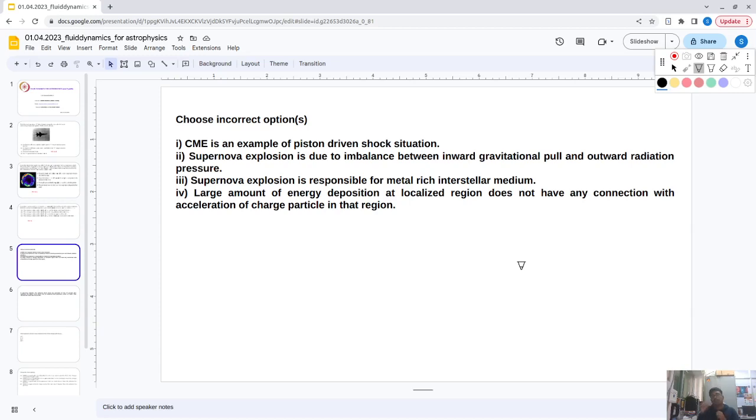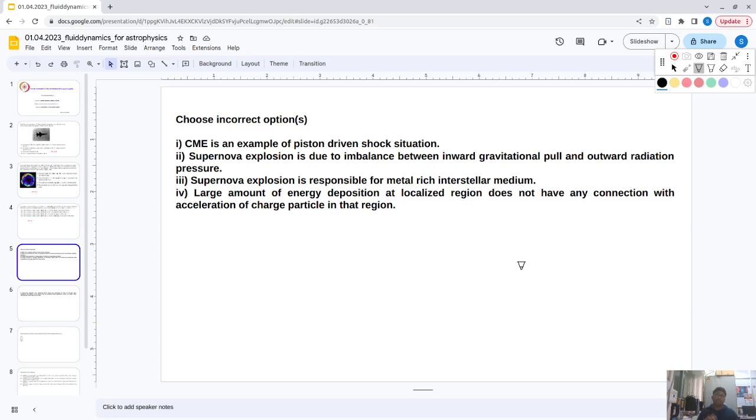Now the question is whether this will be possible for every celestial object. There can be some imbalance between the inward gravitational pull and outward radiation pressure at a certain age of the celestial objects, right? If you know the main sequence stars, white dwarfs, red giants, you will find out that there is an evolution of every star, and the sun is in the main sequence right now, but somehow in the future it may not remain in the main sequence.